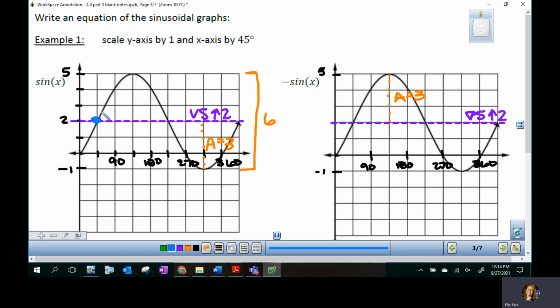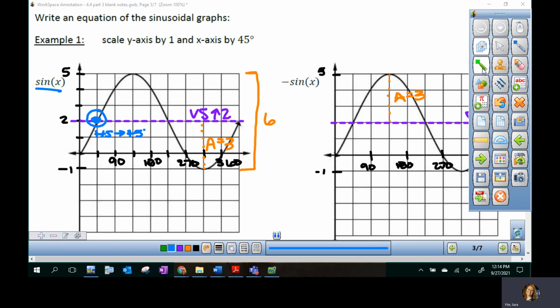So that is my starting point. When I say my starting point of the given cycle that I'm trying to write, that tells me my horizontal shift is to the right 45 degrees. Does that make sense? I didn't start on the y-axis. I started at 45 degrees. The horizontal shift is 45 degrees.